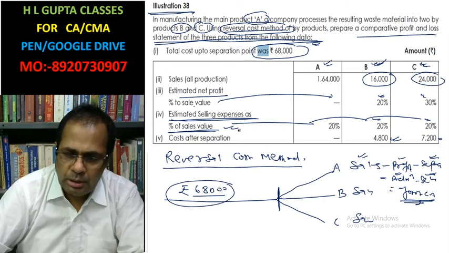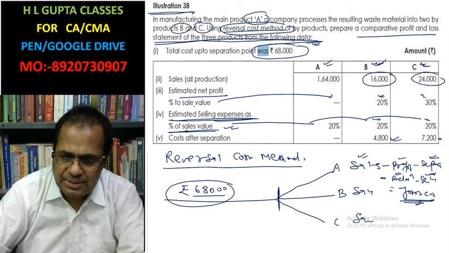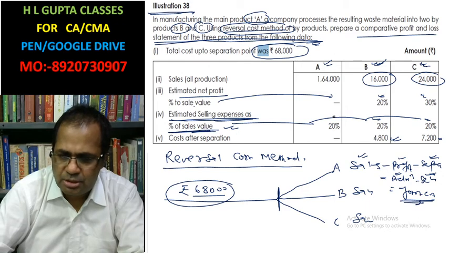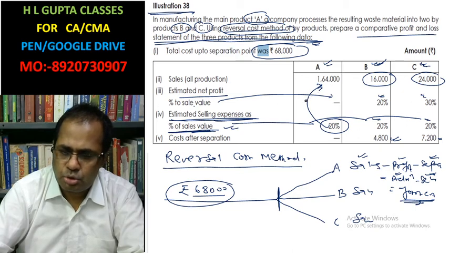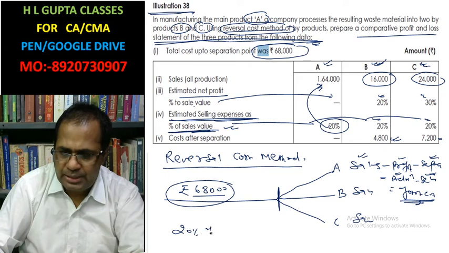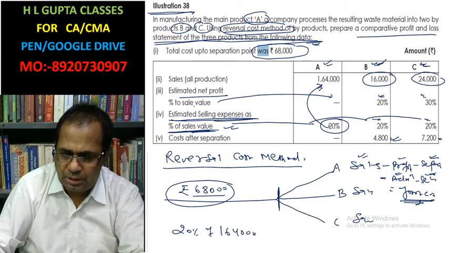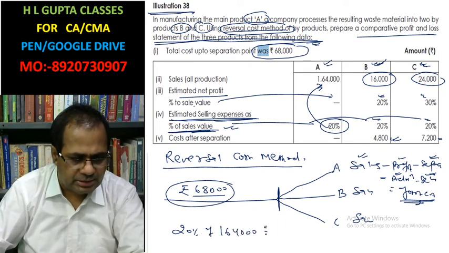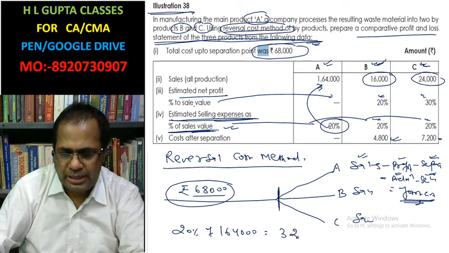Look here: estimated selling expenses are 20% of sales revenue 1,64,000. 20% of 1,64,000 is 32,800.